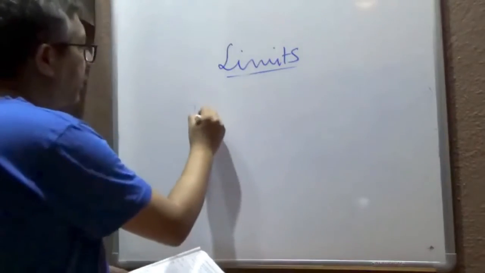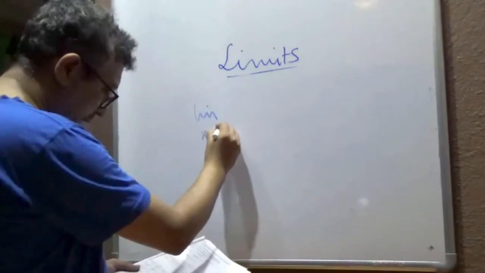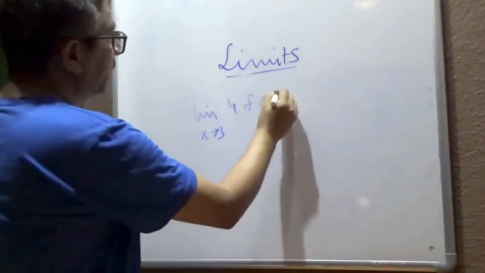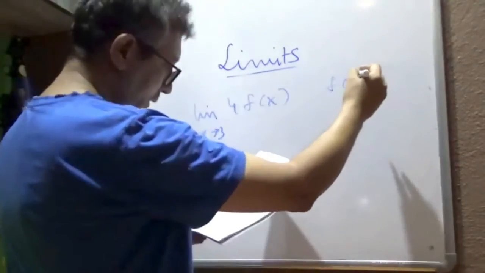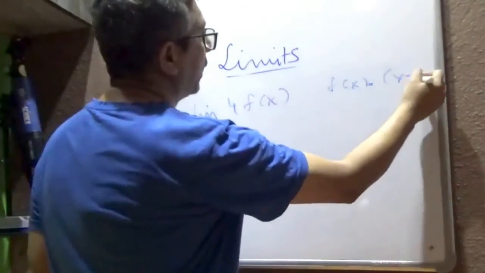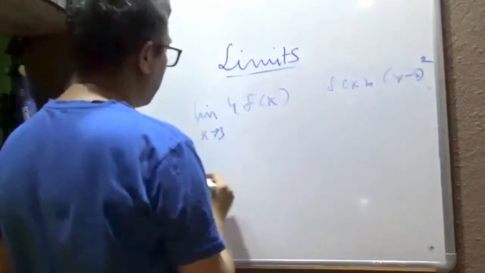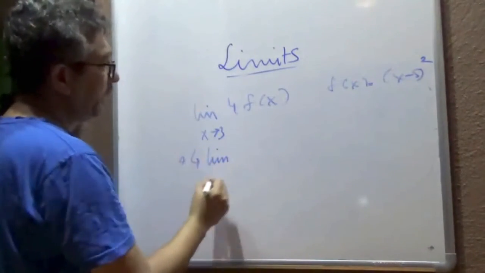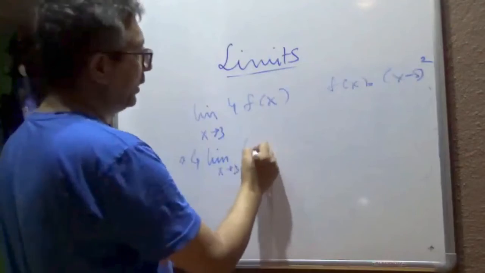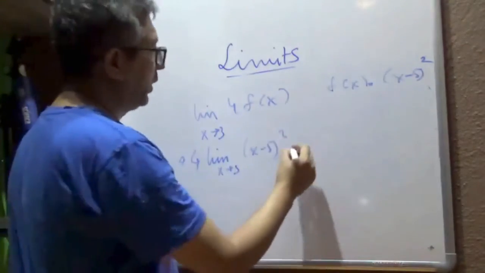Then limit x tends to 3, 4 of f(x), and f(x) is (x minus 5) whole square. So the 4 we can take out, and limit x tends to 3, (x minus 5) whole square.